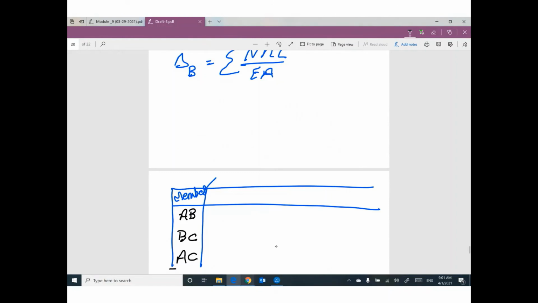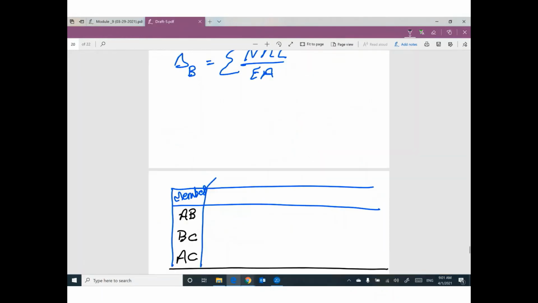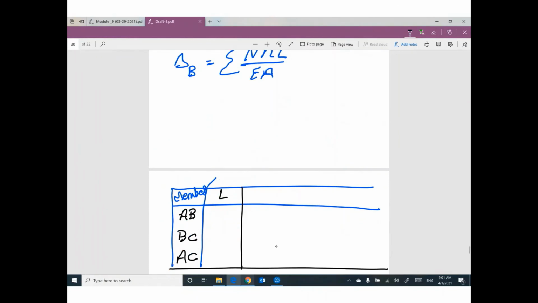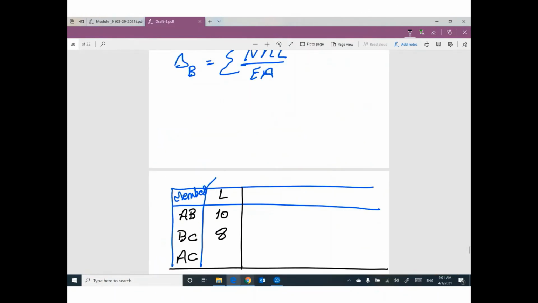We have 3 members. What is the length of each member? AB is 10 feet, BC is 8 feet, AC 6 feet.